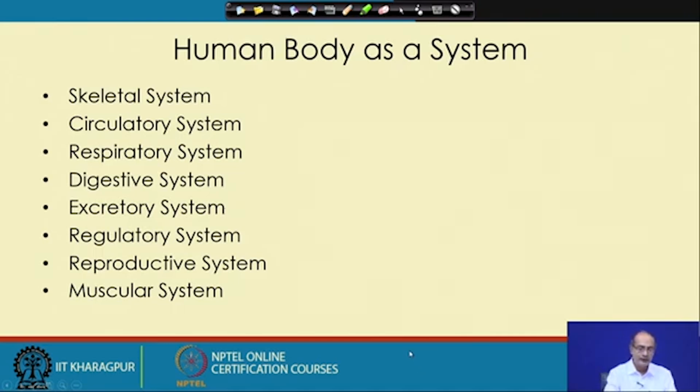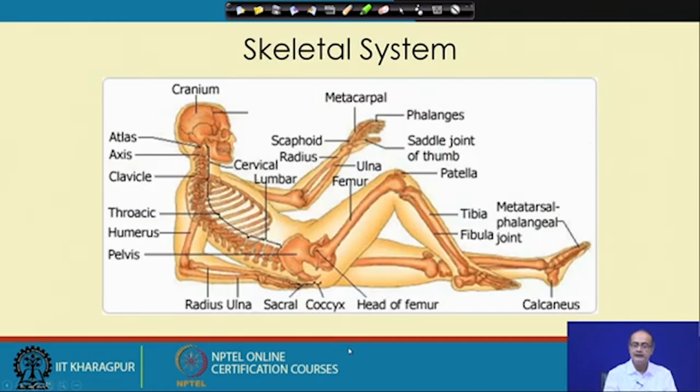So, first we take the skeletal system. The main purpose of the skeleton is to give a shape to the body, that means structural stability. That is the first purpose. Second is to protect the weak and vulnerable organs.